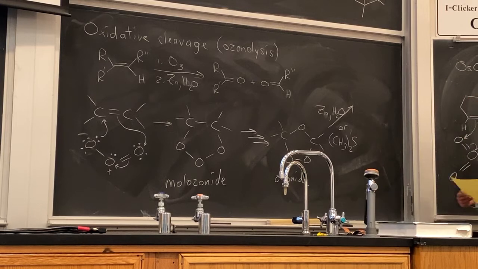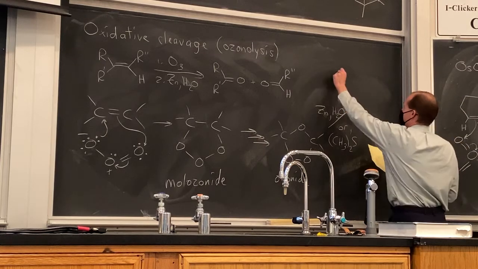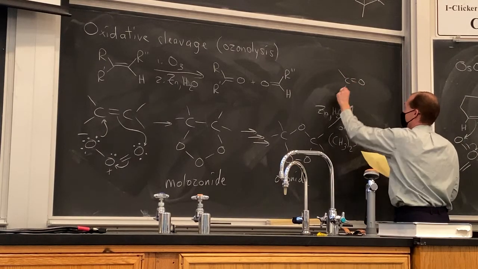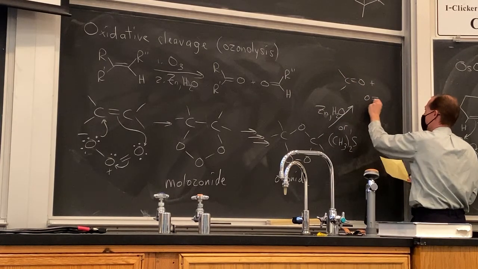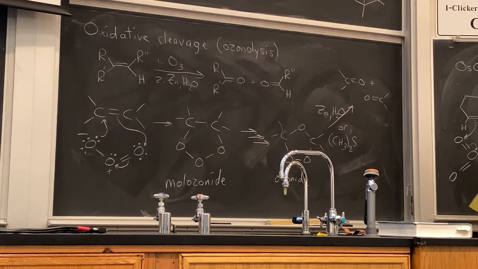That also functions as a reductant through mechanisms we won't go over. Allows us to cleave this oxygen-oxygen bond. And then we obtain our two carbonyl compounds, aldehydes or ketones, depending on the type of alkene that we started with.